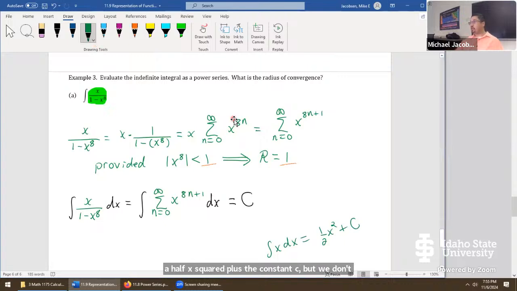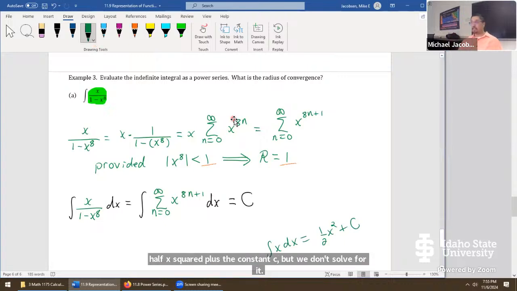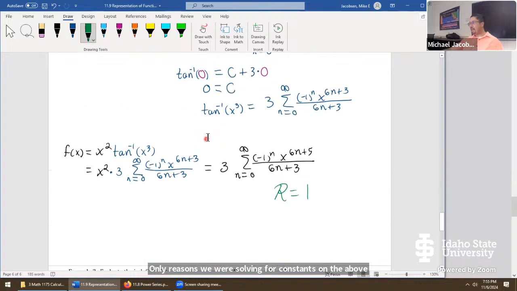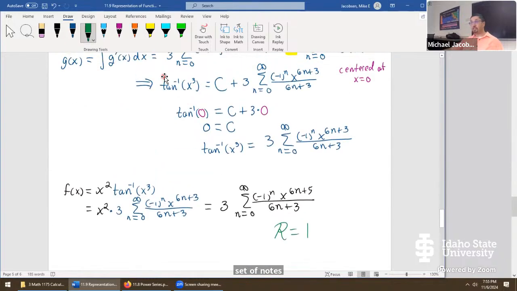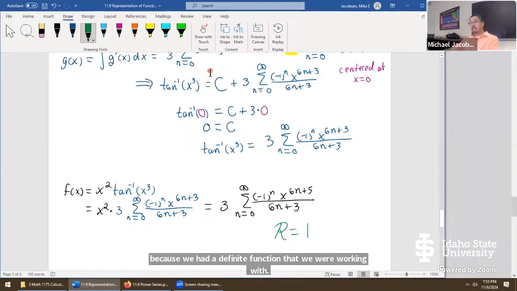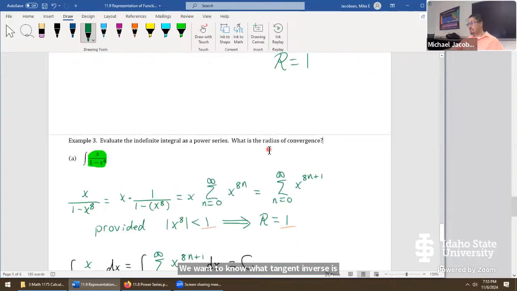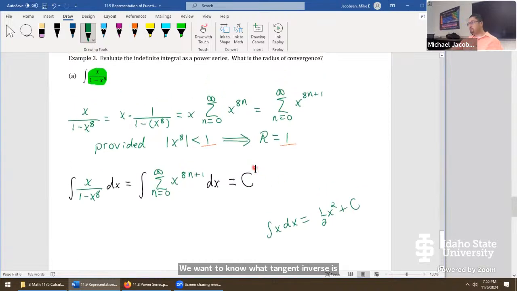Only reasons we were solving for constants on the above set of notes is because we had a definite function that we were working with. We want to know what tangent inverse is, not tangent inverse as it differs by a constant. So in these problems, the constant just stays there. Then here's the last step. Integrating all of this is going to give us a new summation.